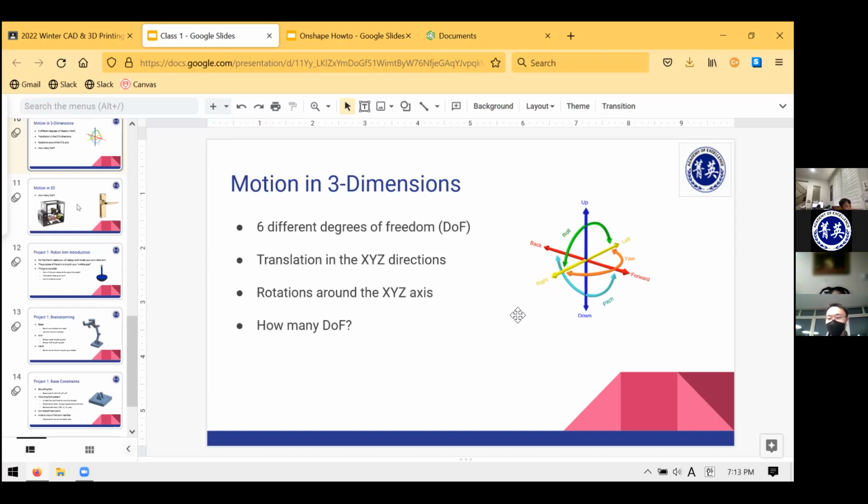Like I was just saying, any object has the ability to move in 3 dimensions. That's what we call translation: moving left and right, forward and backward, up and down. And each of those is something that we would call a degree of freedom.